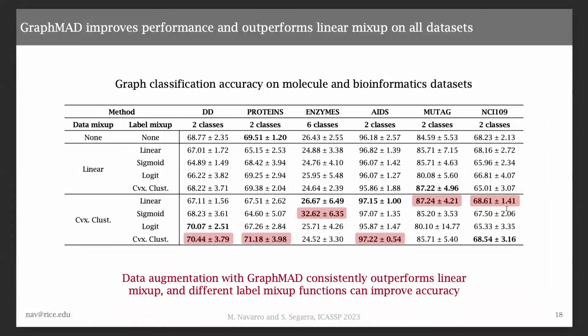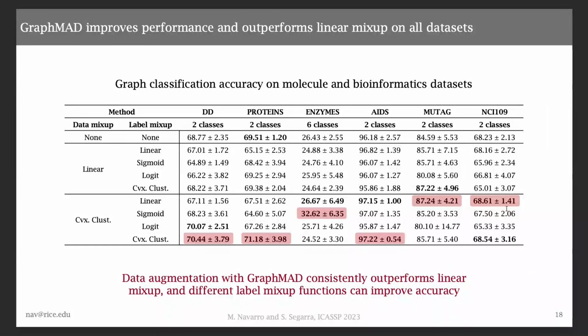Because rather than only considering pairs of classes at a time, we can consider mixtures including more than 2 classes. And then also we see that using a different function for label mix-up can be informative, and it depends on if you want to encourage more certainty more quickly or more slowly.